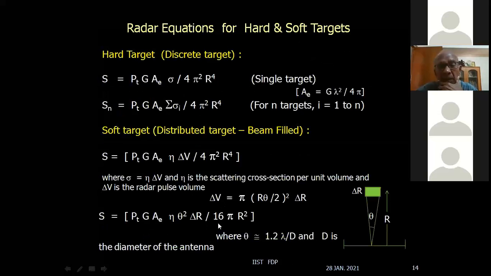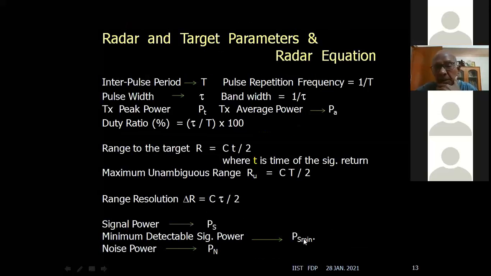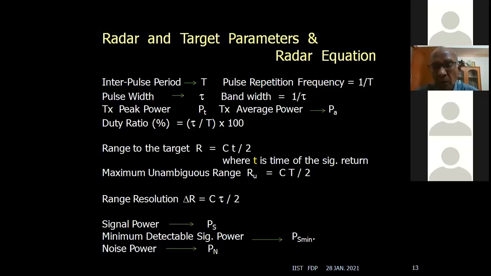The received signal power is PS, and PS minimum means this: as the signal propagates, it gets spread because of the antenna as a broad beam. So the power density keeps decreasing, and the power captured by the target is the power density times what is called the scattering cross section.